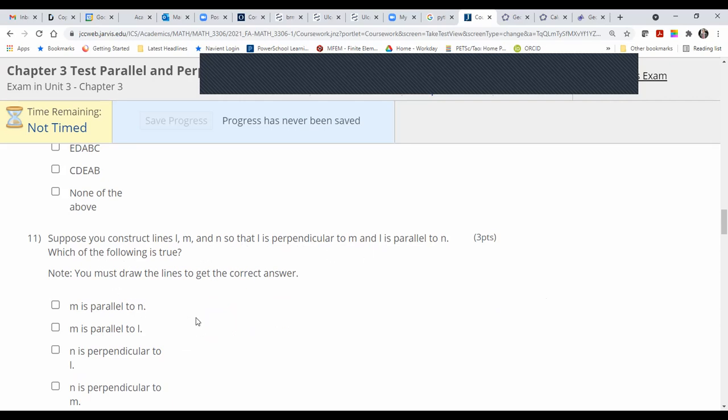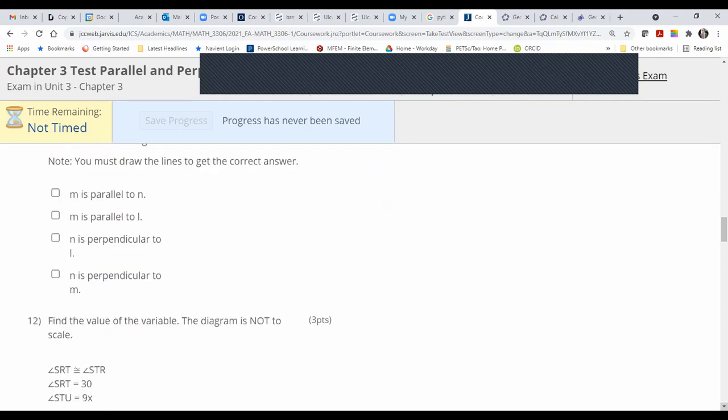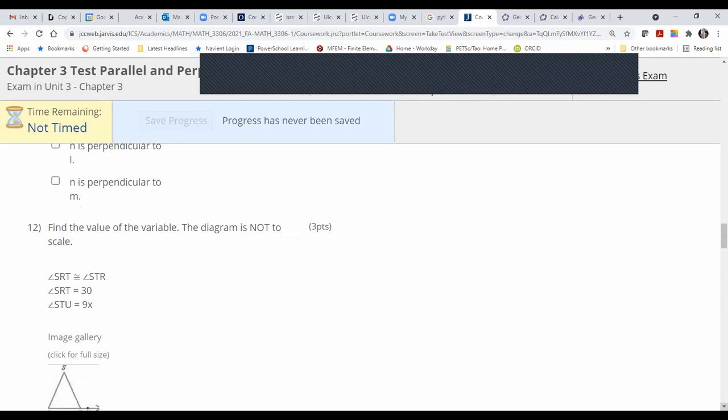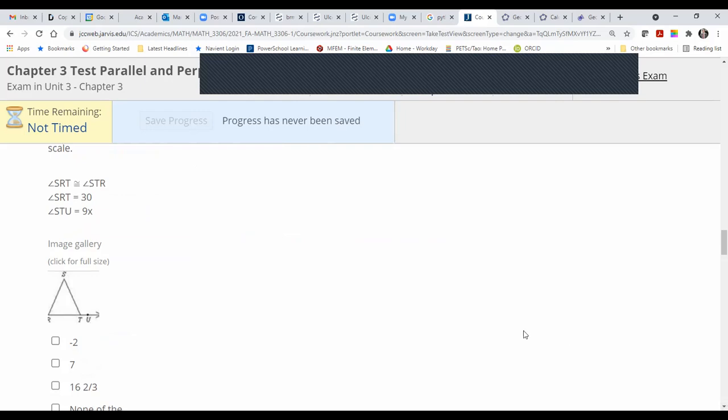Yeah, so this is based on the parallel postulate, right? The one that we discussed earlier. And find the value of the variable. The diagram is not to scale. Okay. So this is given.